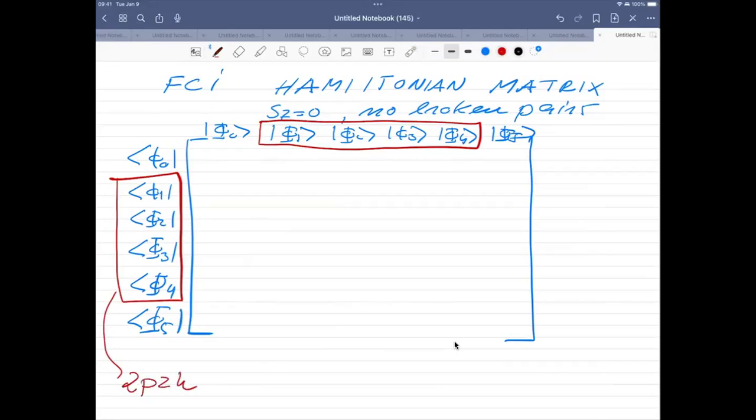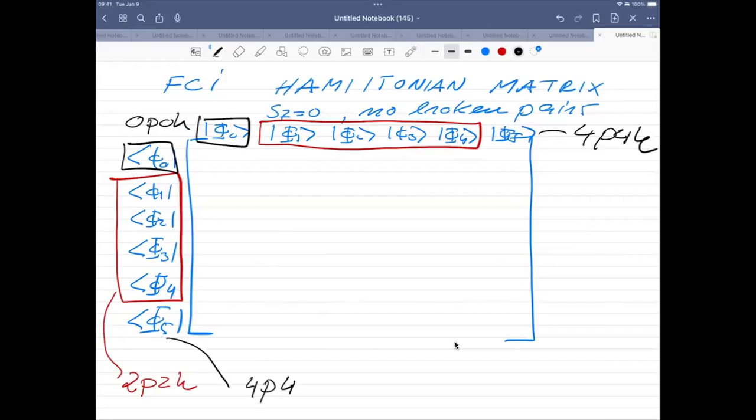We know that this specific state here is a 0-particle, 0-hole excitation. And the final state which we have here, this one, is actually a 4-particle, 4-hole excitation.